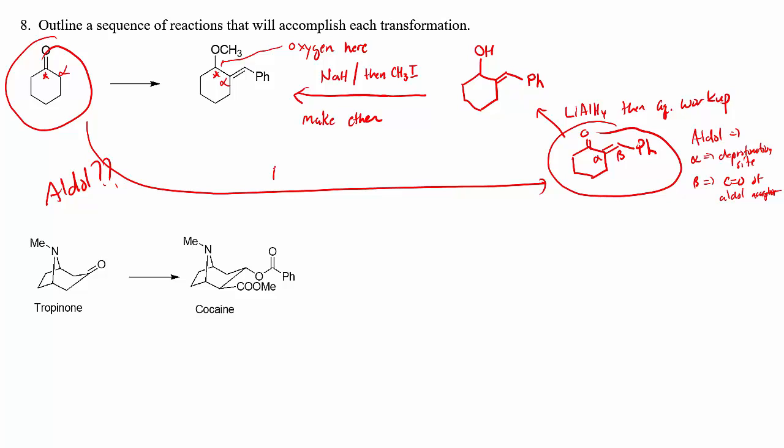Okay, so all we would need here now is benzaldehyde and base. Okay, we'll just say KOH, ethanol, reflux.